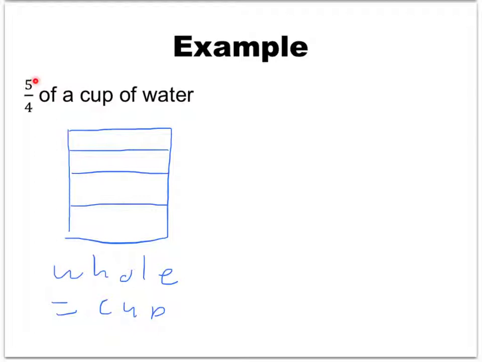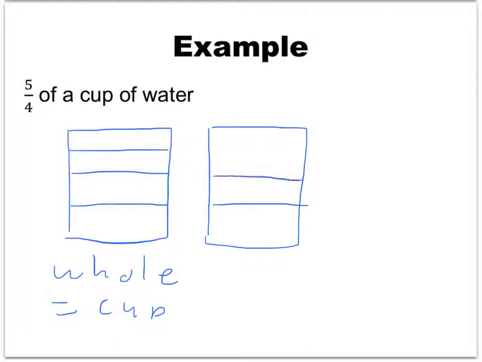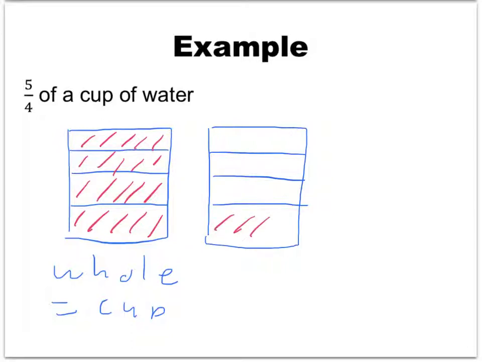Well, I don't have 5 pieces there, so I need to draw a second whole. And so let's draw another rectangle the same size. And let's divide this up into 4 equal pieces again. And so now we need 5 of those pieces, so let's shade 5 of them. So there's 1, 2, 3, 4, 5.